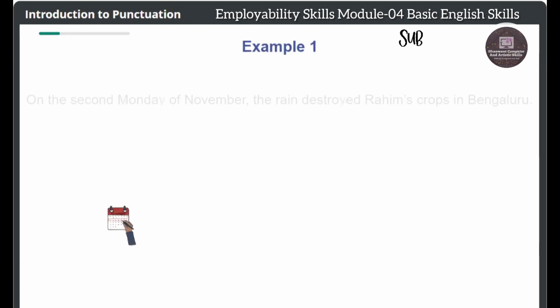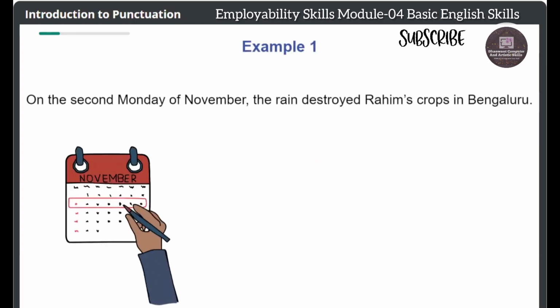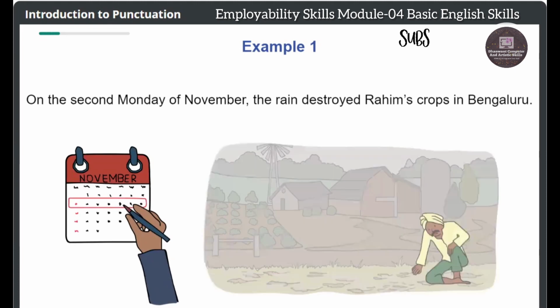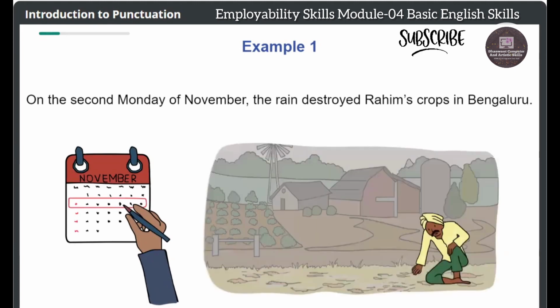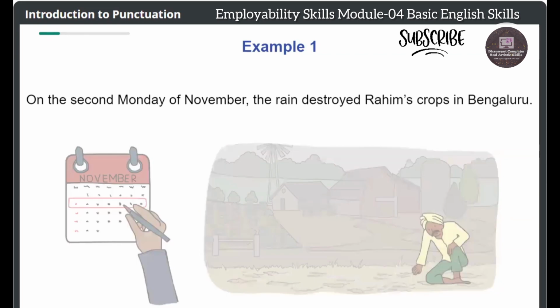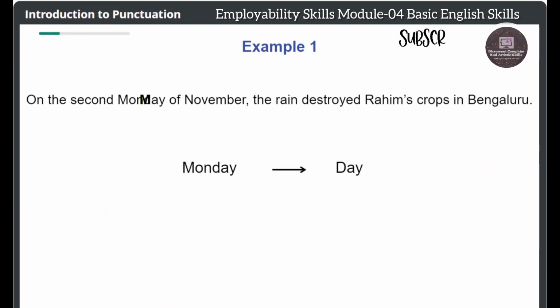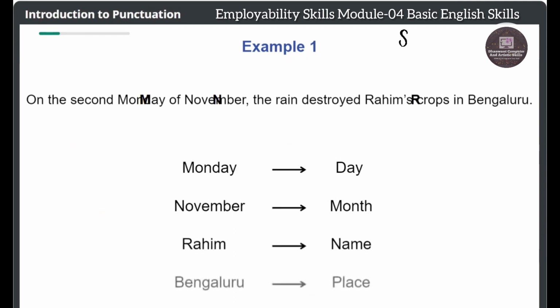Example 1. On the second Monday of November, the rain destroyed Rahim's crops in Bengaluru. Let's look at the capitalized words in this sentence. Here, Monday is a day, November is a month, Rahim is a name, and Bengaluru is a place.